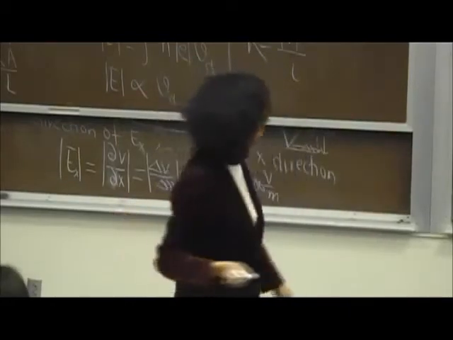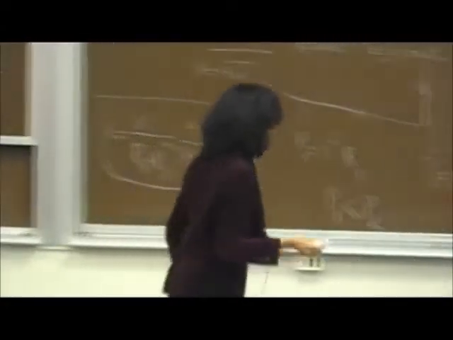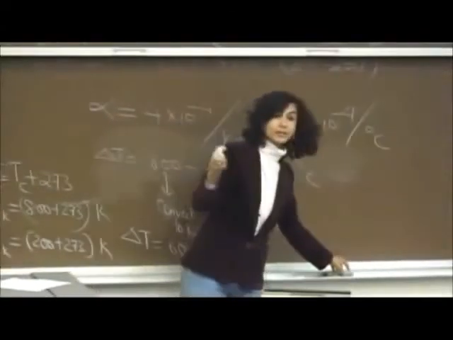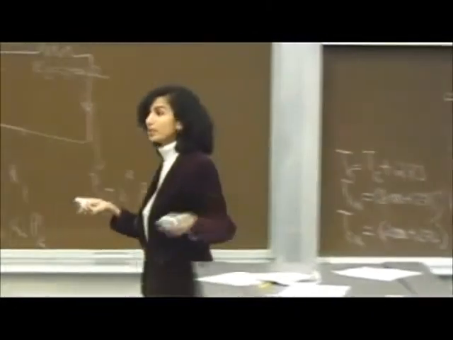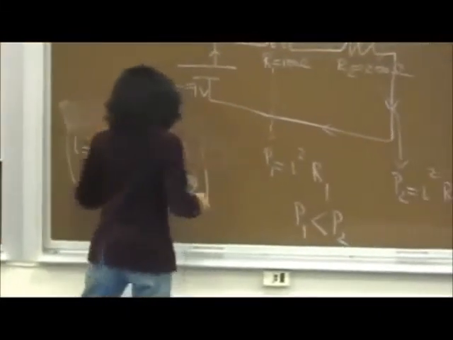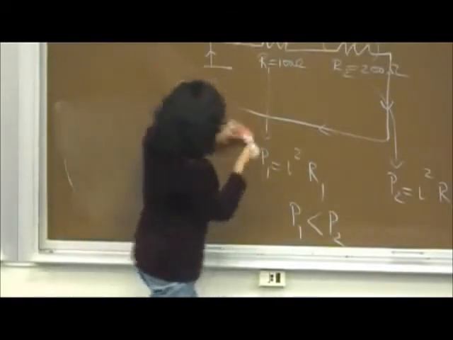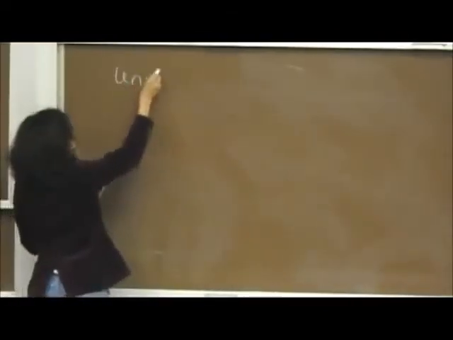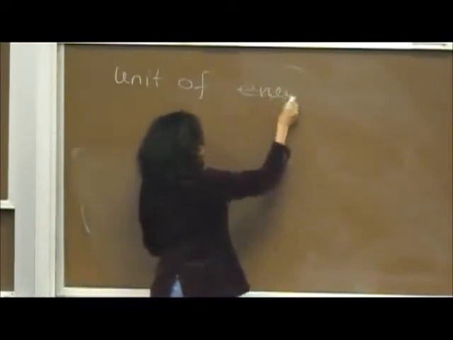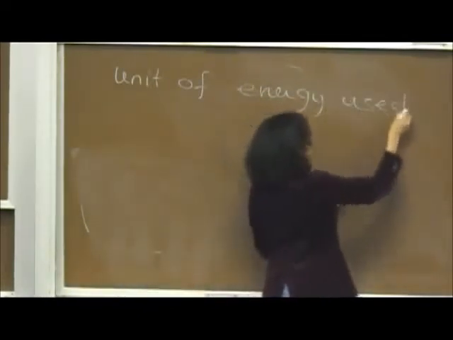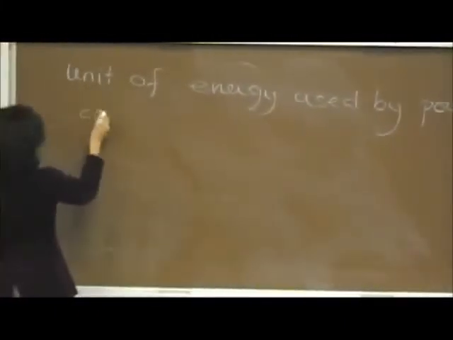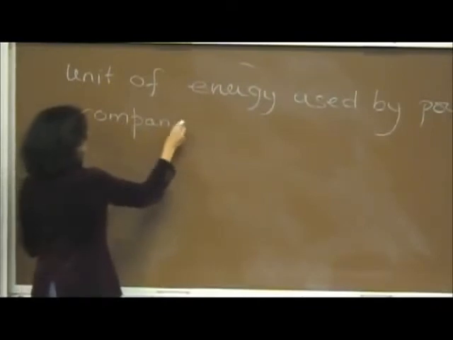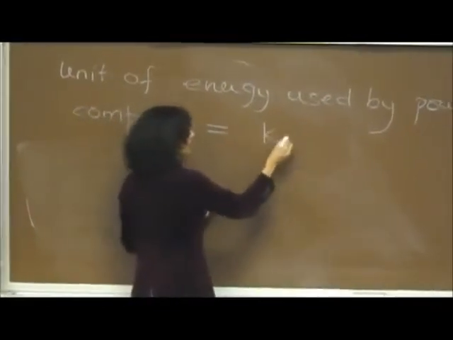Kilowatt hour. How many joules is a kilowatt hour? Let's try to see, because if it's a unit of energy, then it better be convertible into joules, right? So the power companies are usually using kilowatt hour because that is a convenient unit for them. So the unit of energy used by power companies is kilowatt hour.